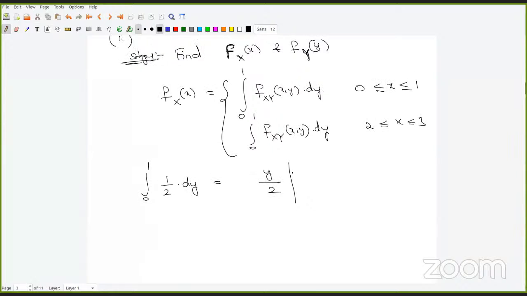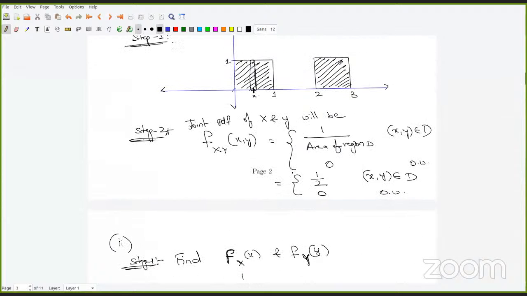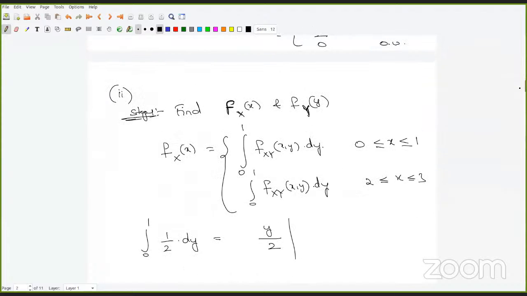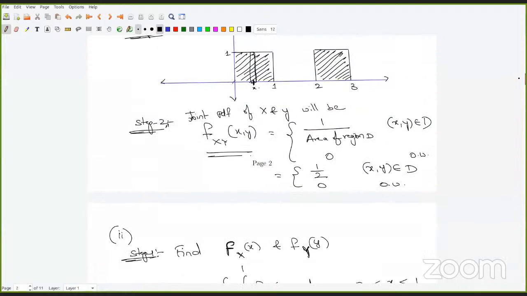From the first part. So from the first part we get that, right? The joint PDF will be half in this region, and it will be 0 otherwise. So if x is in between 0 to 1, we will be in this region itself.